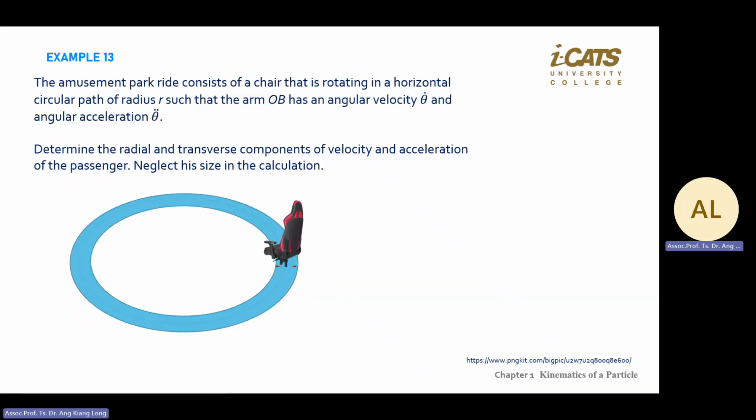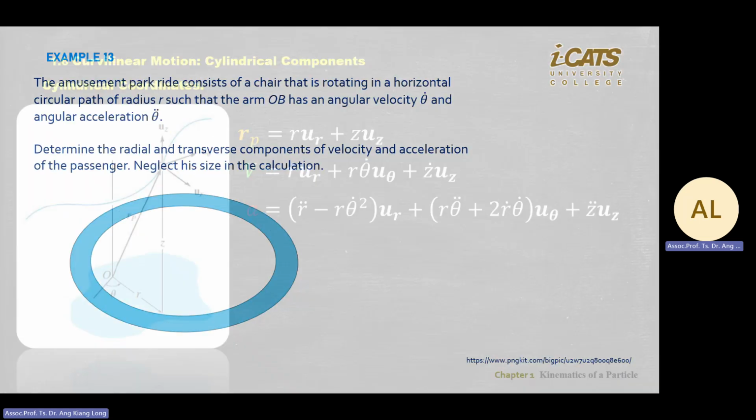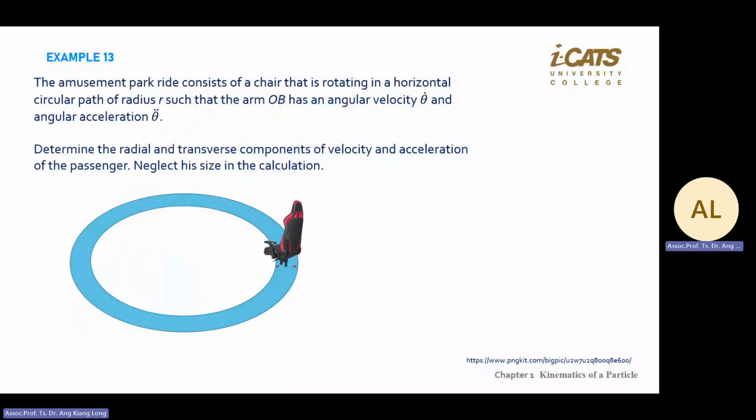Okay, I'm going to show you, just observe how to solve. You are given an object moving in circular motion, and the question gives theta dot and theta double dot, so this is under the cylindrical position.